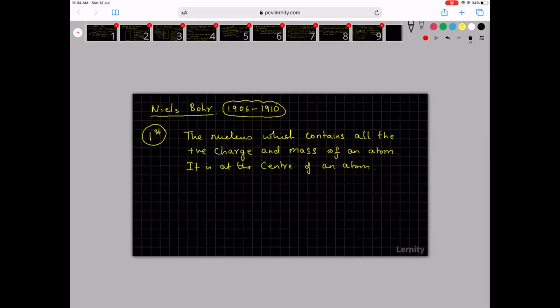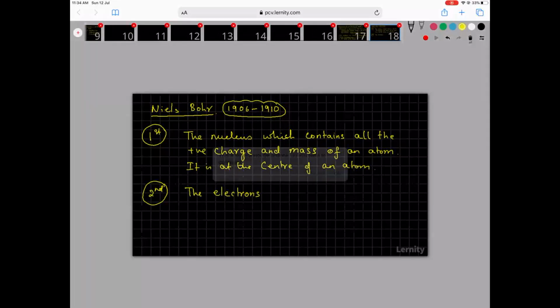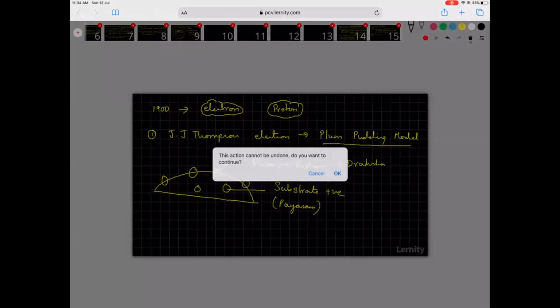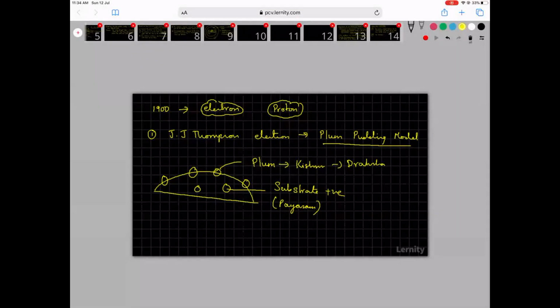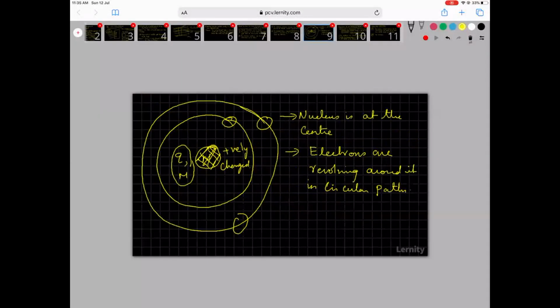Then the second point, the electrons. Oh, you had asked for the 9th slide. Some error, one minute. You all wanted the 9th slide. Here is the 9th slide. Here is the 7th slide.